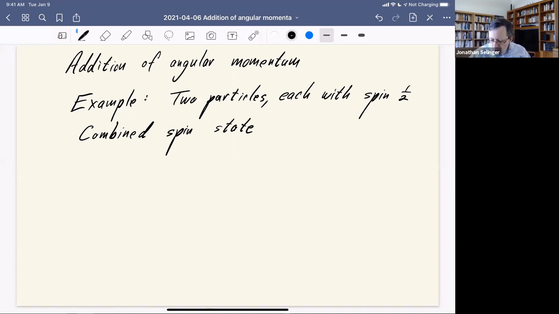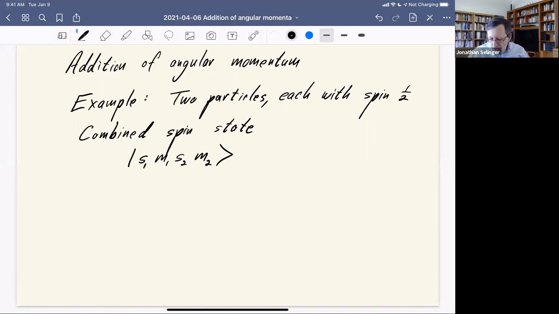We could write that ket as S1, M1, S2, M2. This would have all the necessary information to describe what's going on with both of the particles.